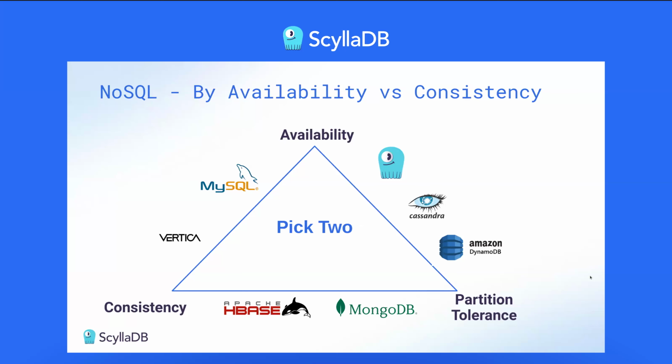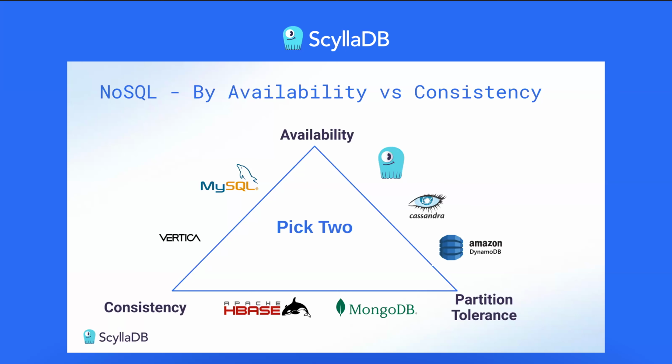Now, if you want to put ScyllaDB on the CAP theorem chart, if you're not familiar with the CAP theorem, it's a way to categorize databases based on availability, consistency, and also partition tolerance. If you want to put ScyllaDB on this chart, we would put it on the availability and partition tolerance side. So what does that mean?